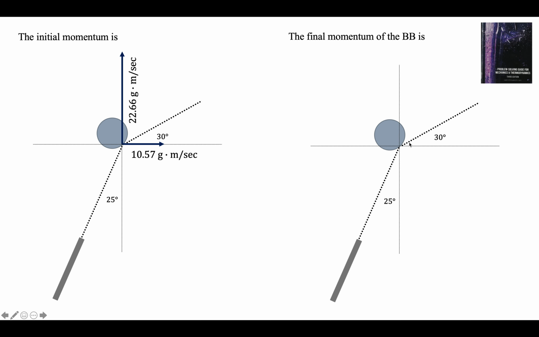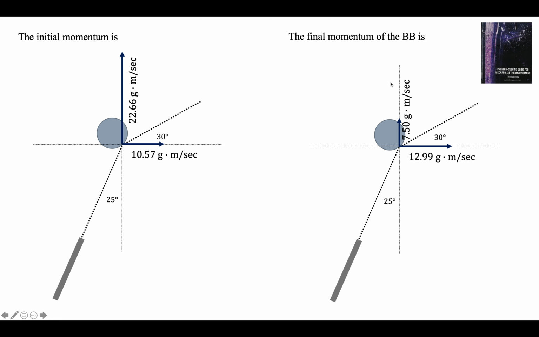We know it's going 15 meters per second at 30 degrees. We calculated its two components. The y component is 7.5, and the x component is 12.99. What's the puck doing? Well, the initial momentum has to be equal to the final momentum. Here we have 22.66 gram meters per second up, and here we only have 7.5 gram meters per second up.